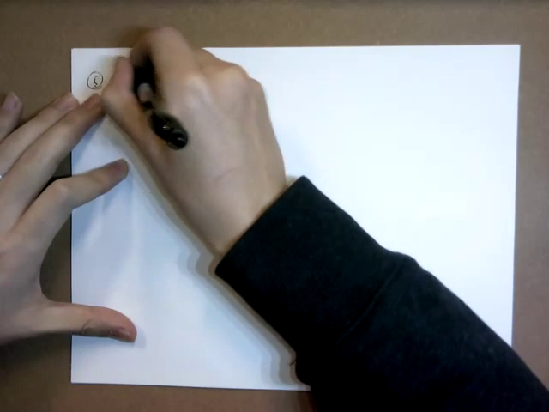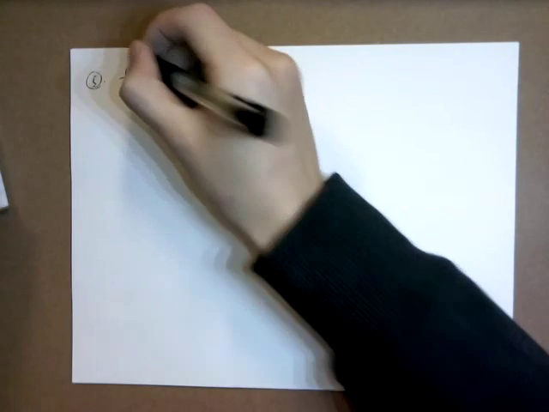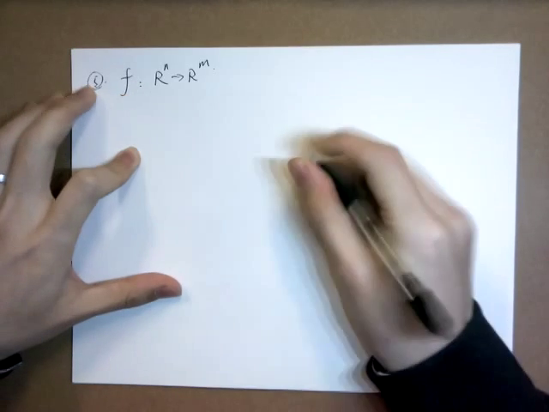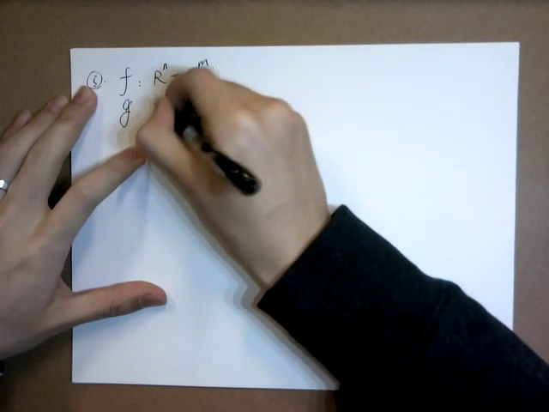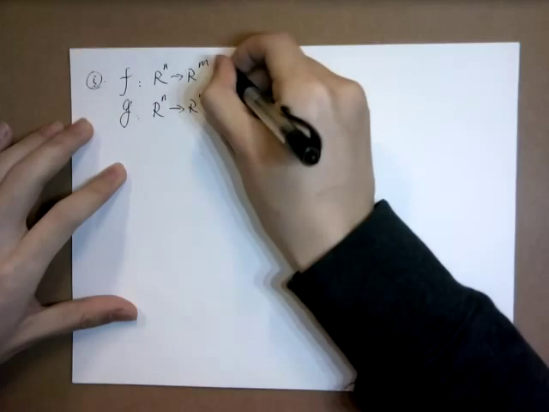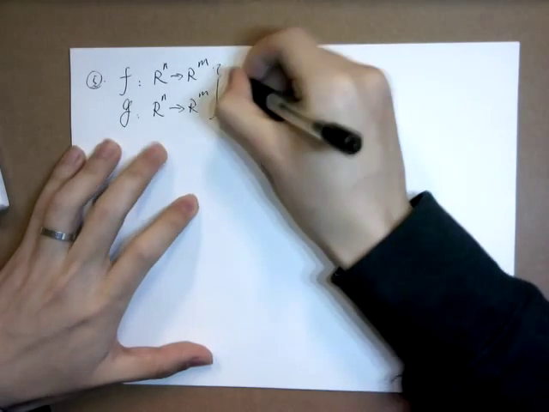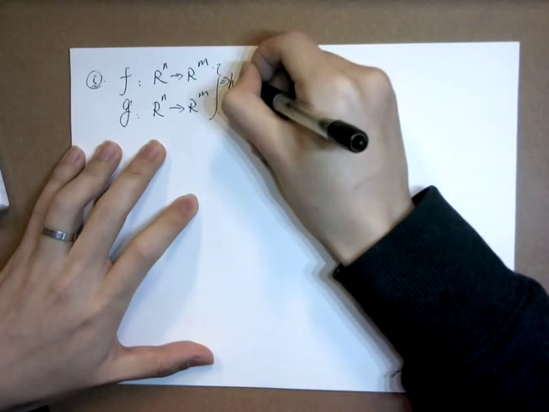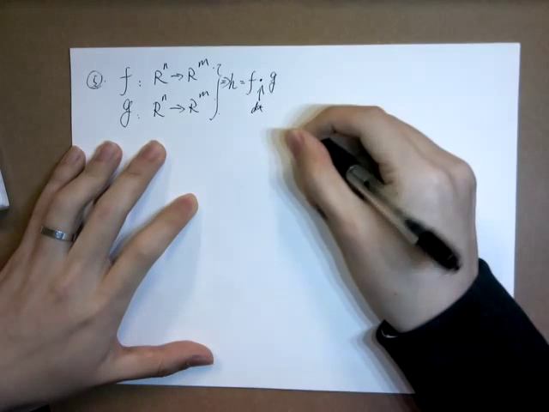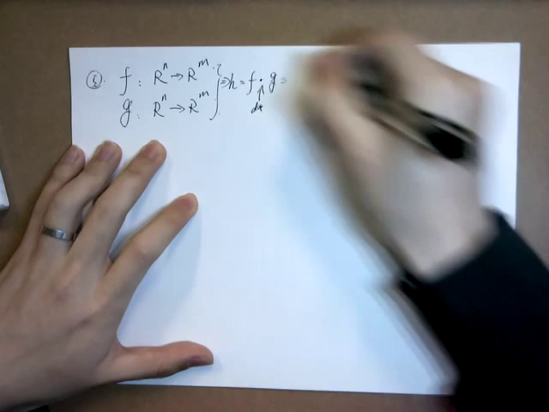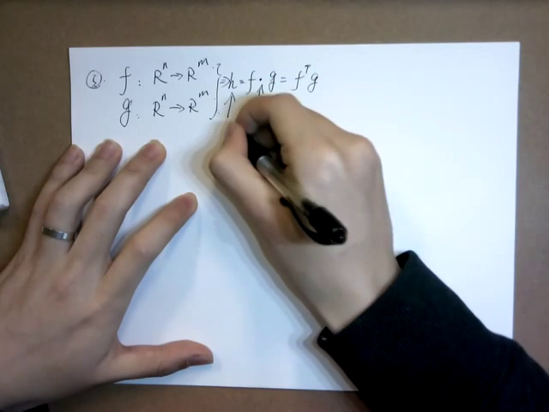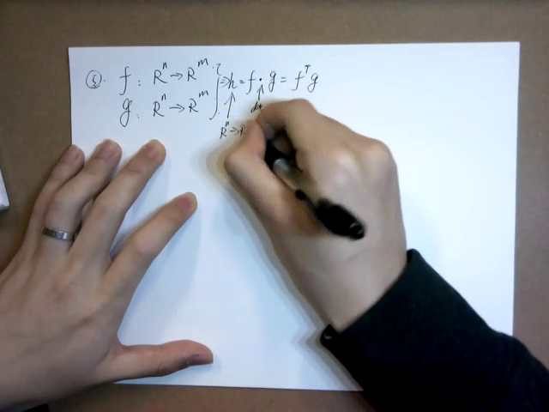If f is an Rn to Rm function, and g is also an Rn to Rm function, it's very common to have an h function equal to f dot product g. This is a dot product. Basically, we can write it as f transpose g. They have the same meaning. So eventually, h will be an Rn to R1 function.